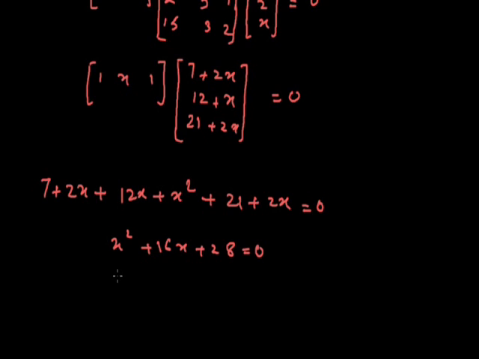So by factorizing with middle term splitting, we get x plus 14 and x plus 2 as factors, equal to 0. So x equal to minus 2 or minus 14.